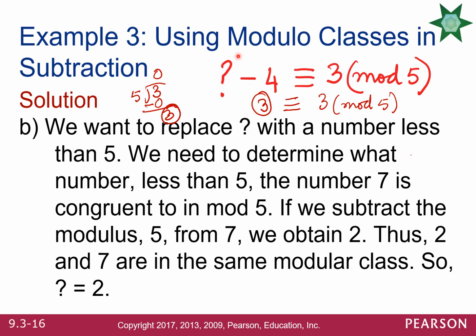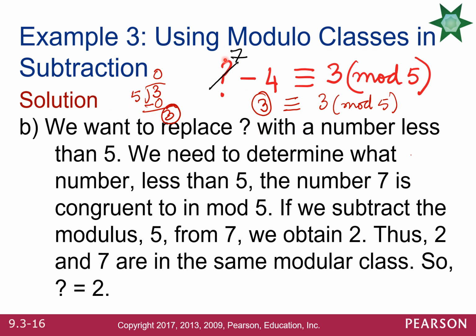However, what should we replace the question mark with, to make the left-hand side equal to 3? Think about it, it would be 7, right? If we replace the question mark with a 7, then 7 minus 4 is congruent to 3 mod 5, using the same division that we performed here, right?